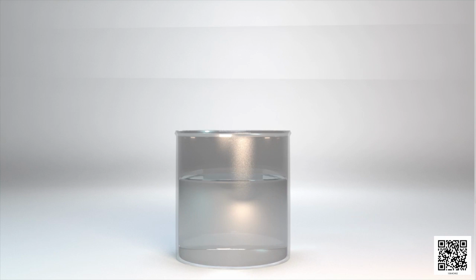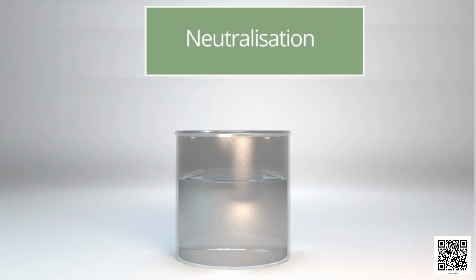This indicates that acids and bases, when mixed together, nullify the effect of each other. As a result, the solution is now neither acidic nor basic in nature, and now it has only salt and water in it. This process is called neutralization.